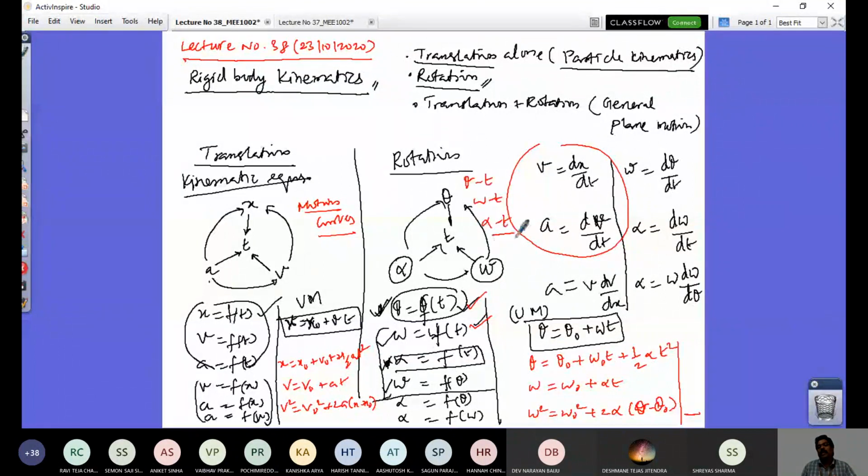And then secondary motion curves, means omega theta diagram, alpha theta diagram, or alpha omega diagram. You can do that same thing here as well. So it is just an analogous way. But the only thing that you have to remember is the parameter here, position is given in meters, and here theta is given in degrees or in radians. That you have to be careful about.